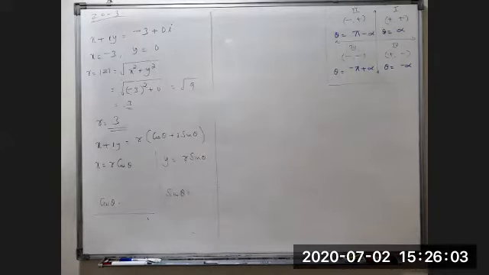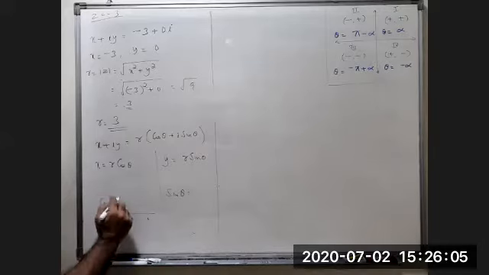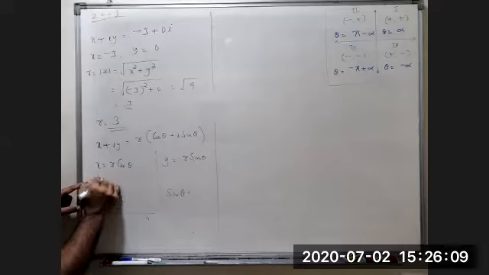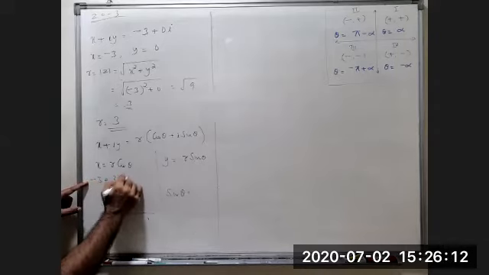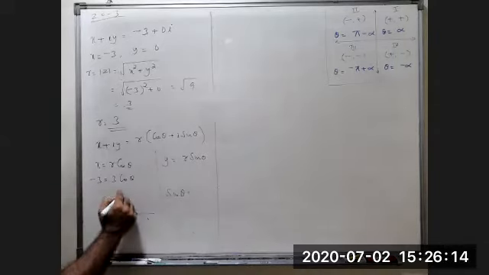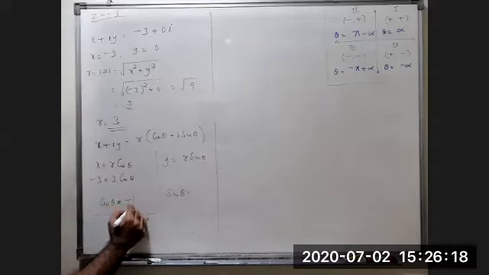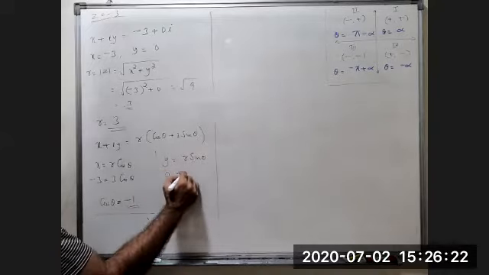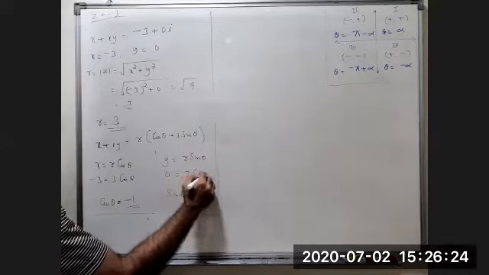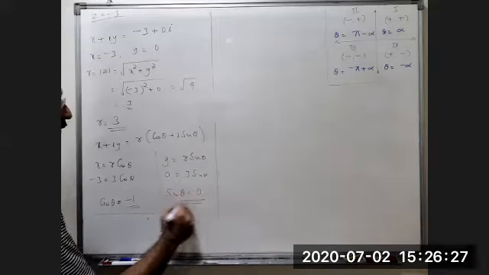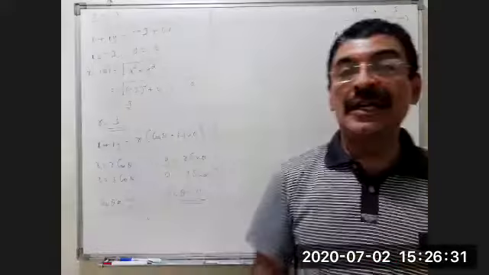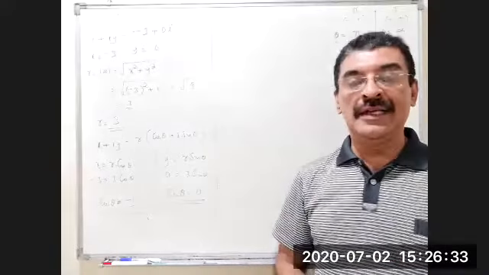If r is 3, cos theta is x by r, so minus 3 equals 3 cos theta. Cos theta is minus 3 by 3, which is minus 1. And here 0 equals 3 sin theta, so sin theta is 0. Cos theta is minus 1, sin theta is 0.